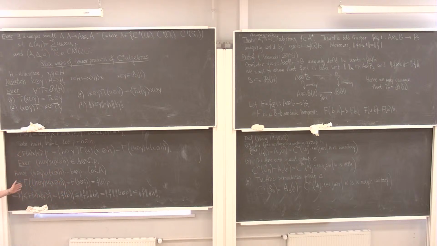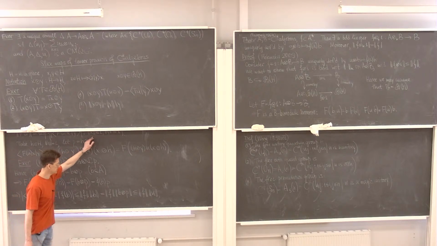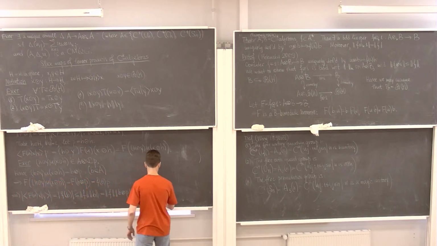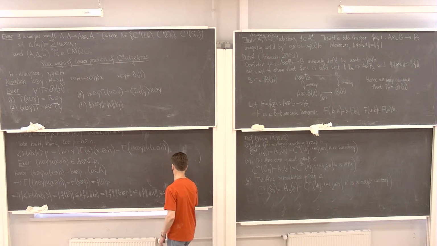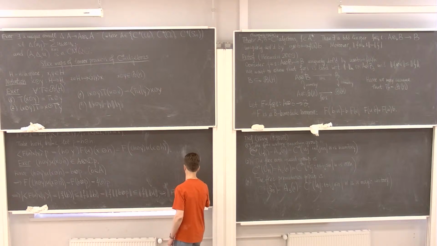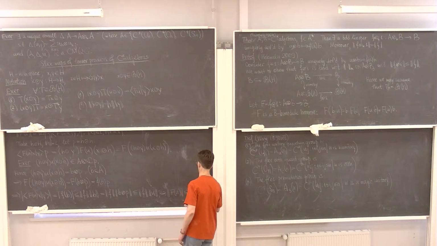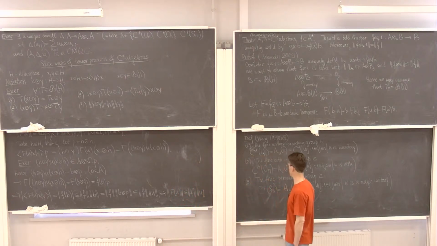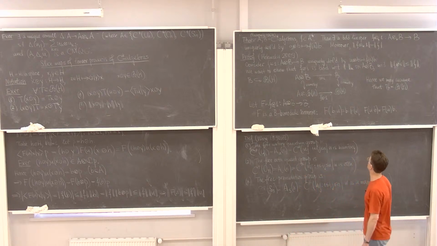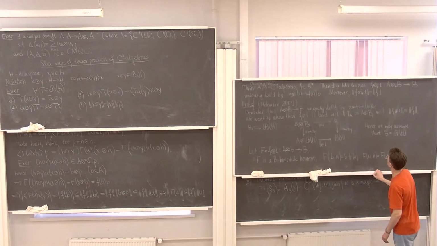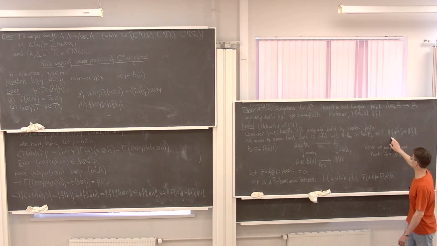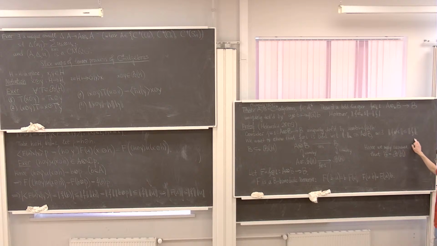And if we now take the supremum over the unit ball, we get that the norm of big F of u is less than or equal to the norm of little f times the norm of u. And this shows that big F is indeed bounded, and its norm satisfies this condition. So this completes the proof.